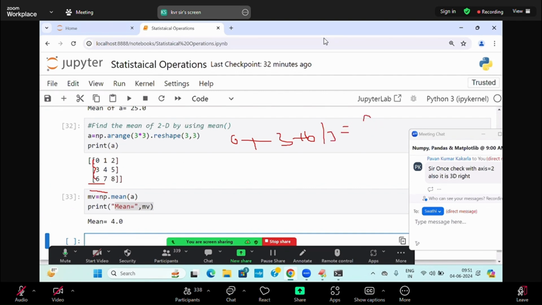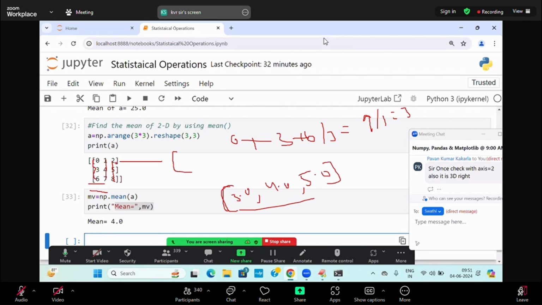What is this now? 3.0. Our next column is 1 plus 4 plus 7, 12 by 3, 4.0. Next is 2 plus 5 plus 8, 15 by 3, 5.0. What does this mean? Column mean.